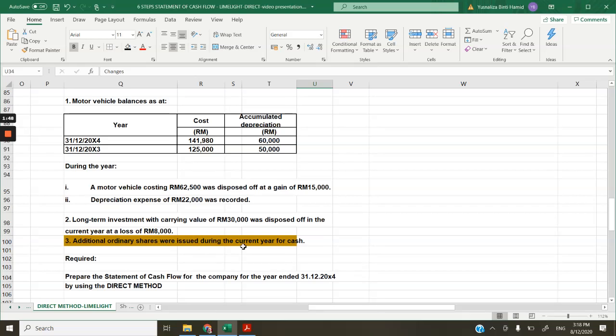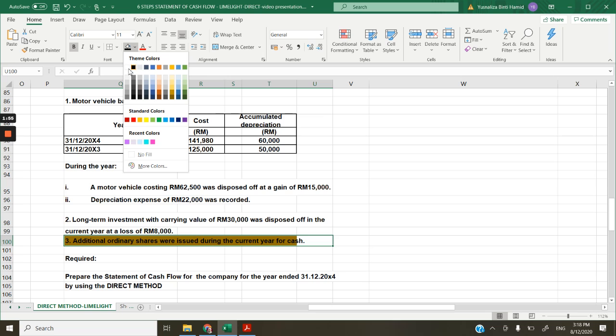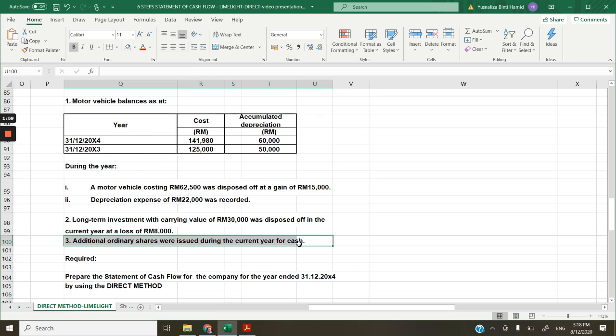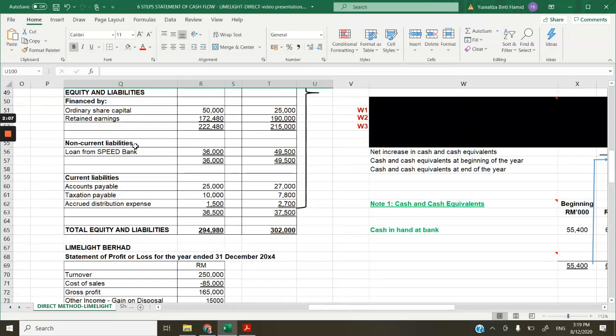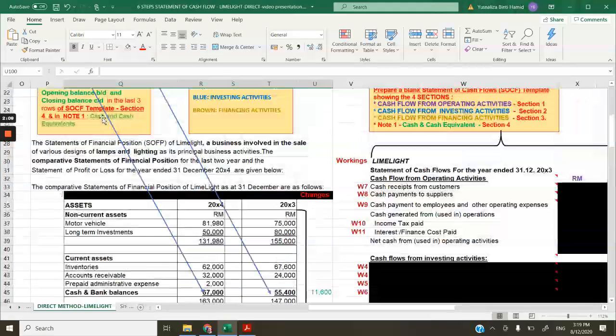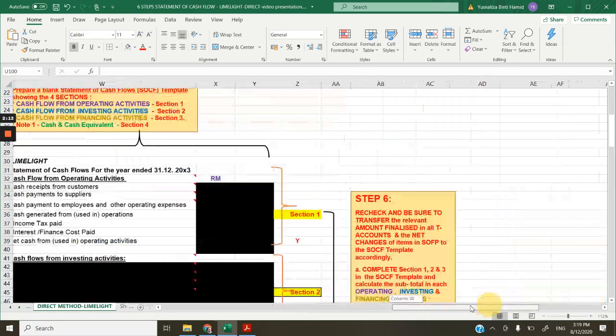So all this information will be relevant for you to calculate the cash outflow and cash inflow from the activities of the company that is divided into 3 activities. As you know, cash flow will have 4 sections. I go through the sections to let you have an idea of what we're going to do.